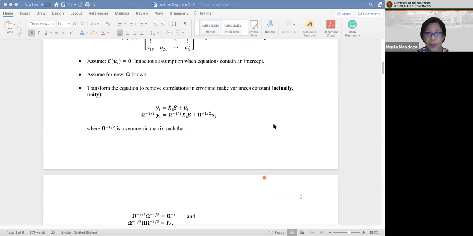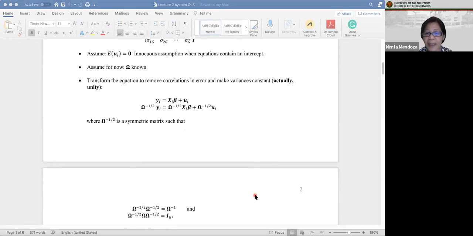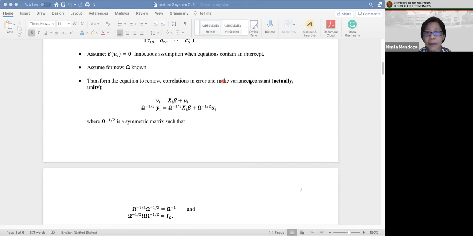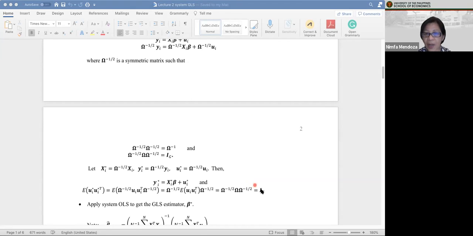Going back to the previous line here, we have transformed the equation to remove the correlations in error. The off-diagonal elements are 0 in this identity matrix. And we have made the variances constant, actually unity along the diagonal of the identity matrix, which is 1. So the variance of each of the disturbance terms for each equation would be 1.